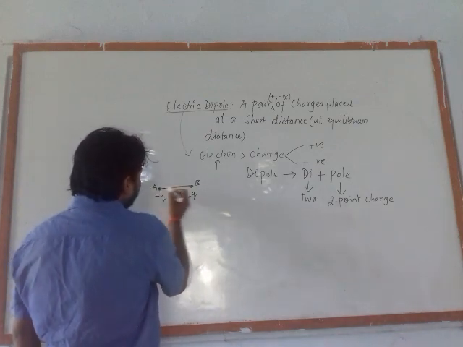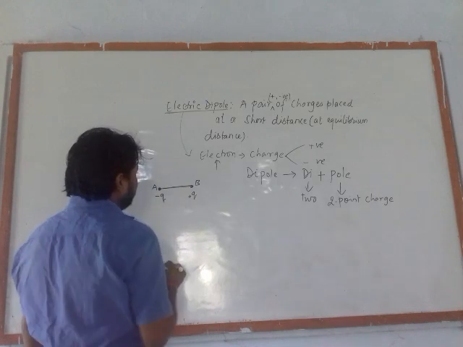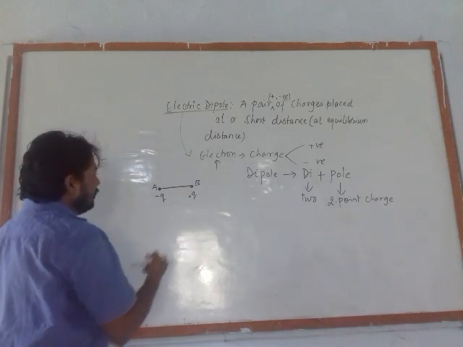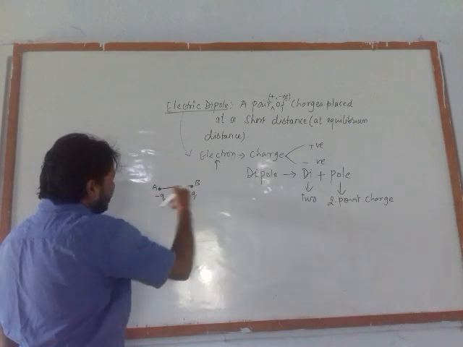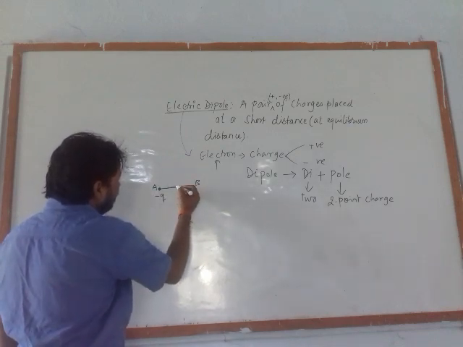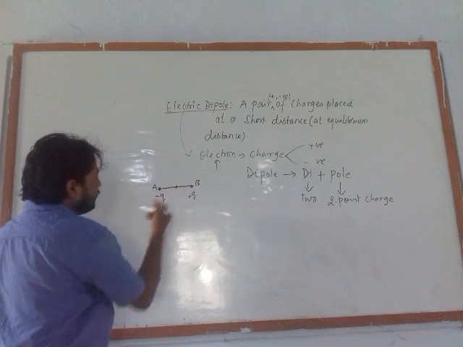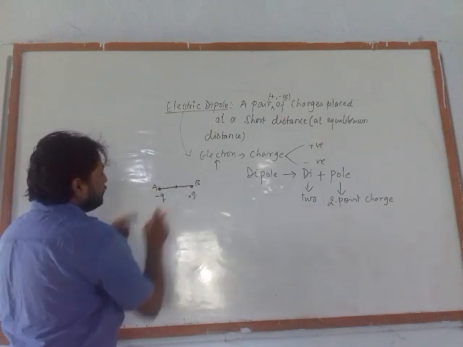The distance of either type of charges also can be measured when this is made as a system. The distance of either type of charges can be measured from the midpoint of the line joining these two charges.